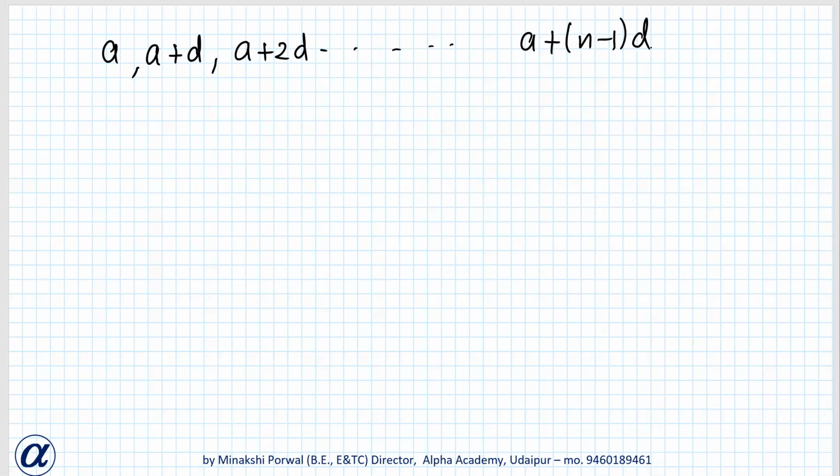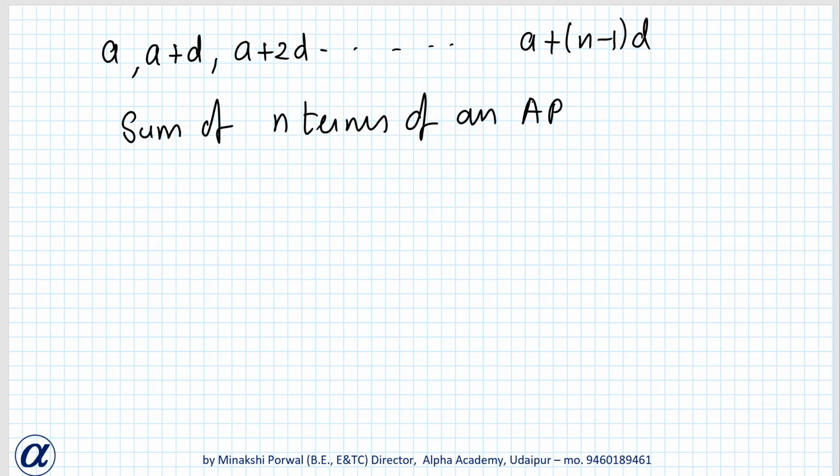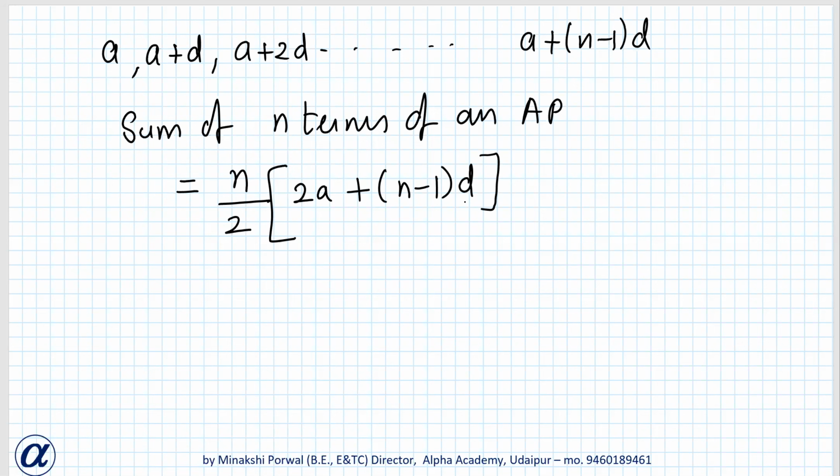Now actually, suppose an AP is given. The AP is A, A plus D, A plus 2D, up to An, which is given by A plus n minus 1 D. Then the sum of n terms of an AP is given by n upon 2, 2A plus n minus 1 into D. So this is the first formula which we have to remember.